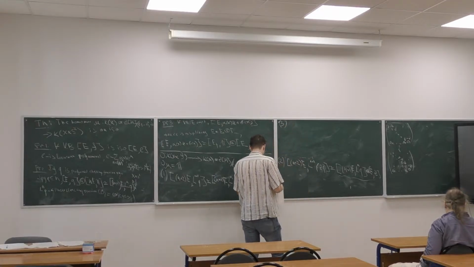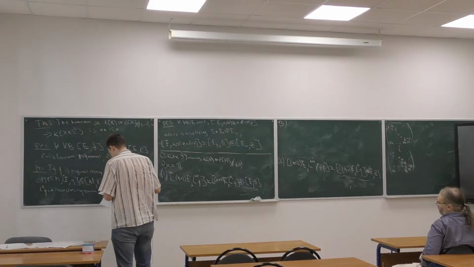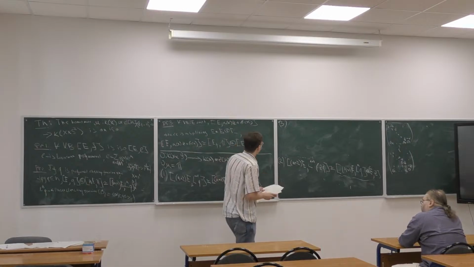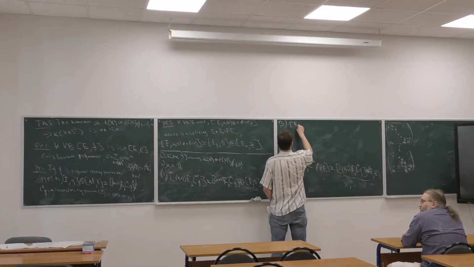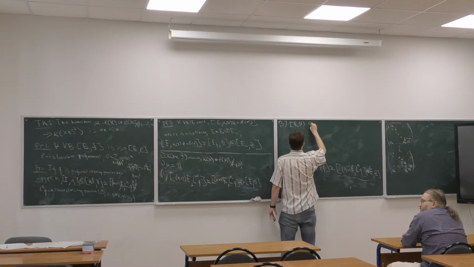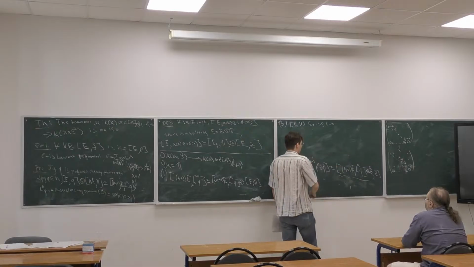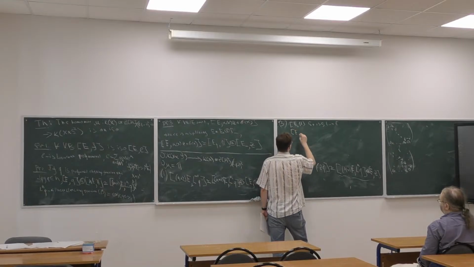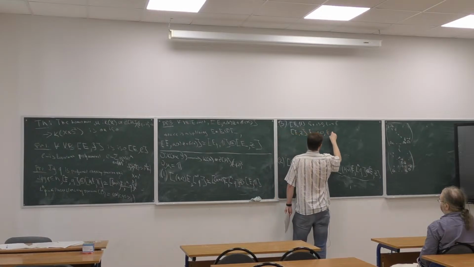For E1 we have a splitting where E plus is 0 and E minus is all of E. For EZ, E minus is 0 and E plus is all of E.